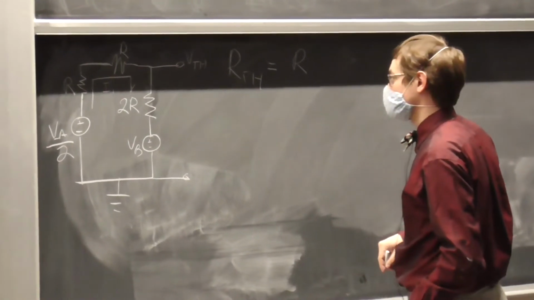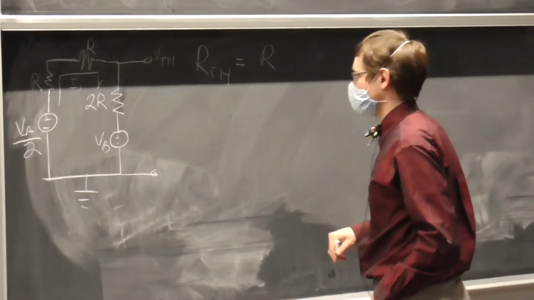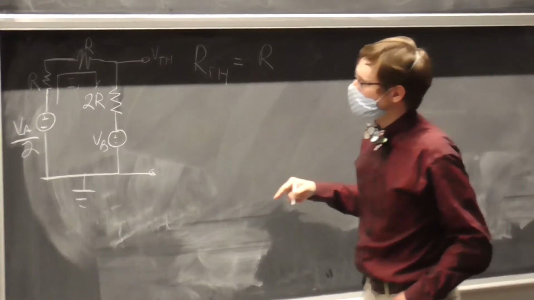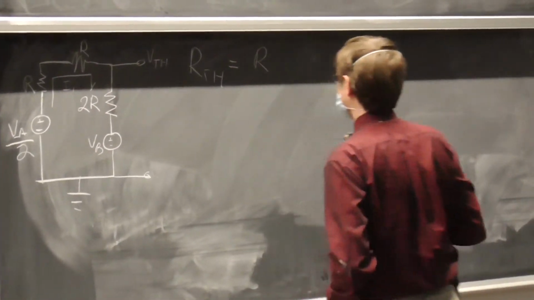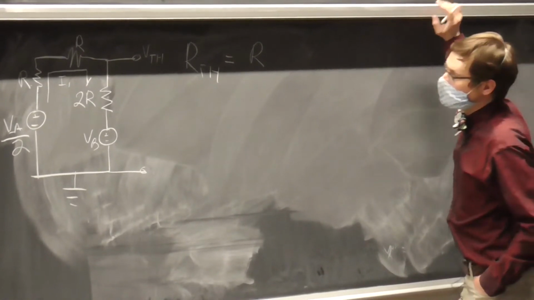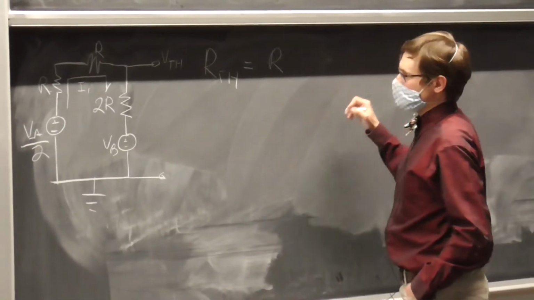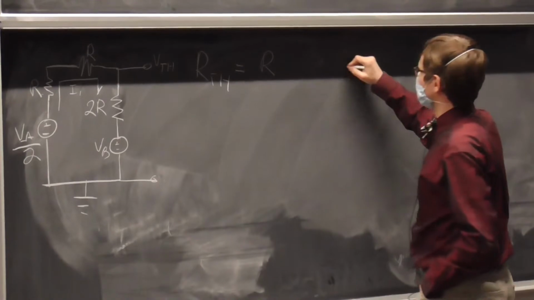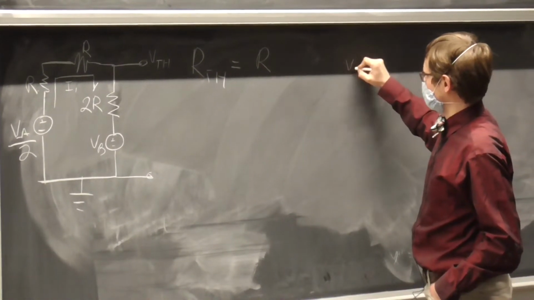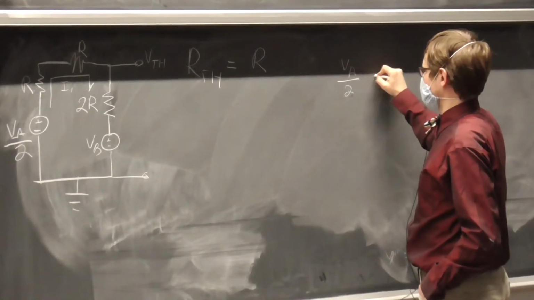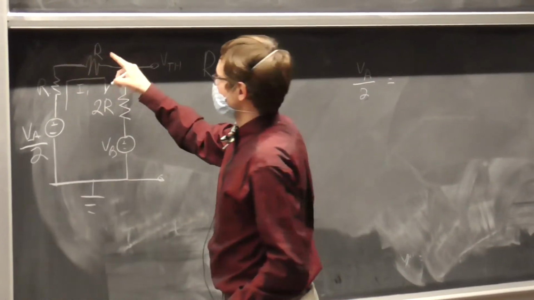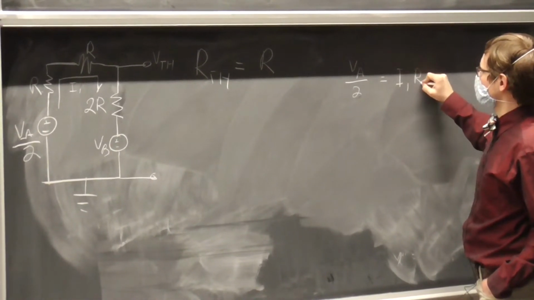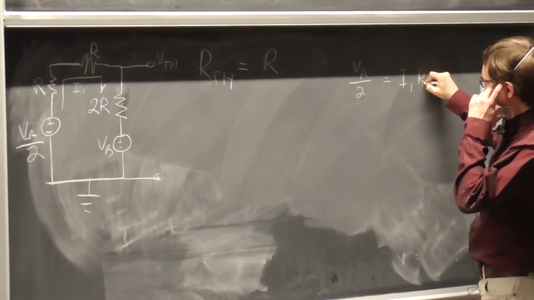So we can use the loop law rather than the node law because we only have the one loop. So all of the voltages will sum to 0, right? So all of the plus voltages on one side, VA over 2, is equal to I1 R.